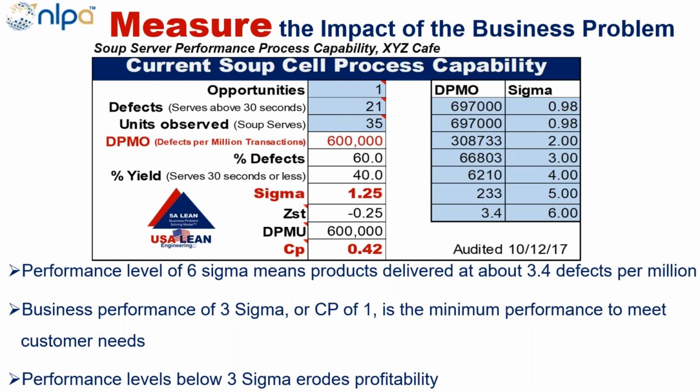And if you look at it that way, as opposed to using a percentage, sometimes percentages could be misleading. When you look at it as defects per million transactions, the numbers could be staggering. And understanding your process capability.